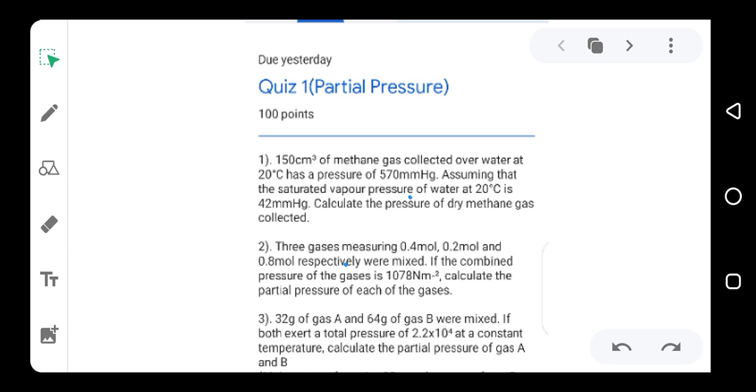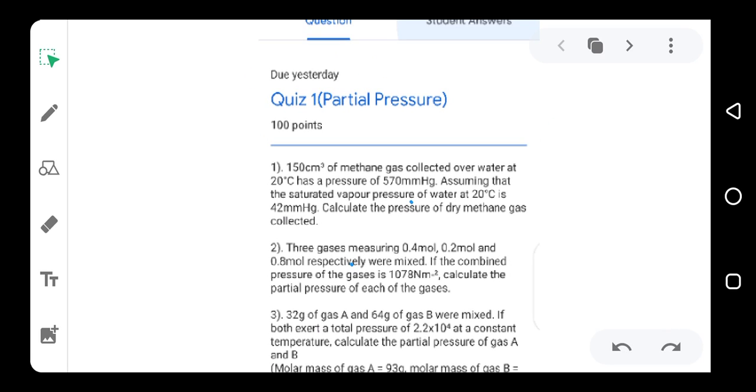Now let's look at the question again. We are given the masses of gas A and gas B as 32 grams and 64 grams, and then we are given the total pressure as 2.2 times 10 raised to power 4. Here we are not given the number of moles directly, but we need the number of moles to solve.